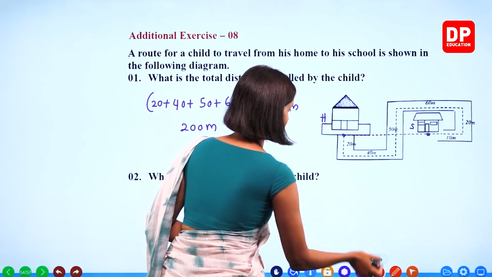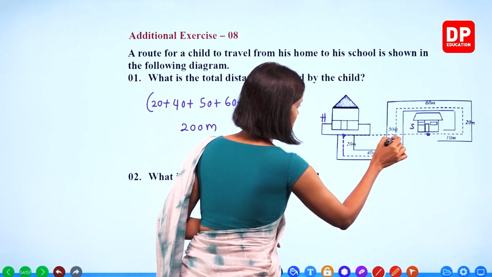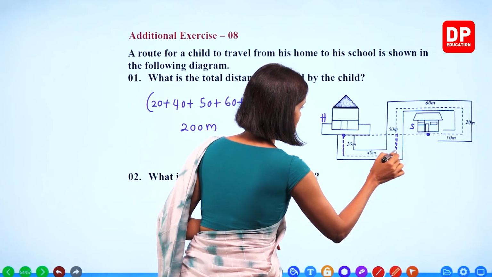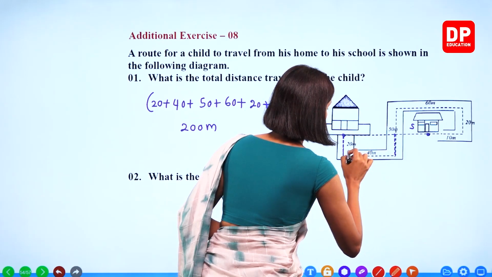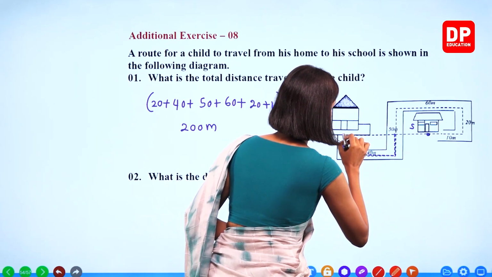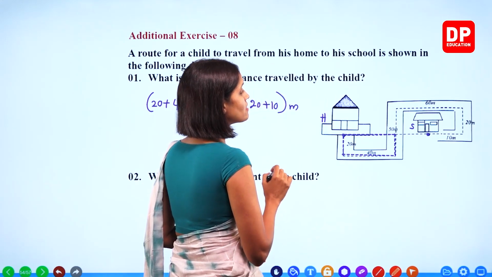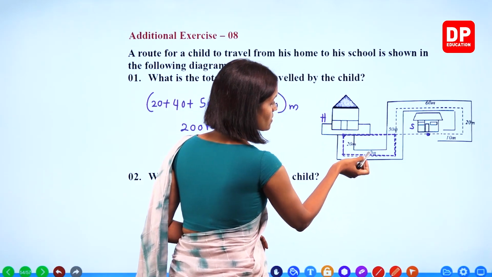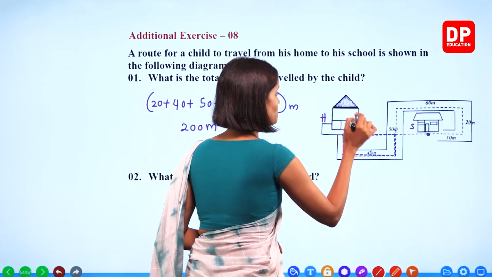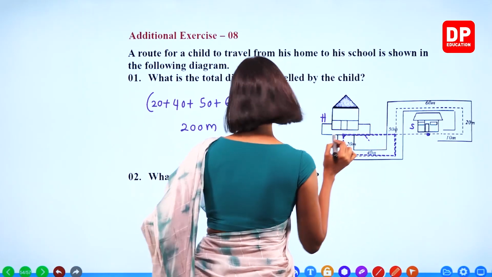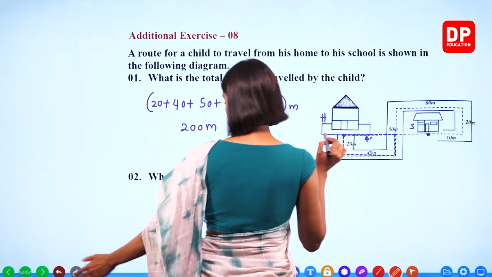You all can see when you consider this dotted line, this dotted line, this one and this one, it makes a rectangle, right? So this line is given 40 meters, therefore this line above also should be 40 meters. Okay, children, this also should be 40 meters.